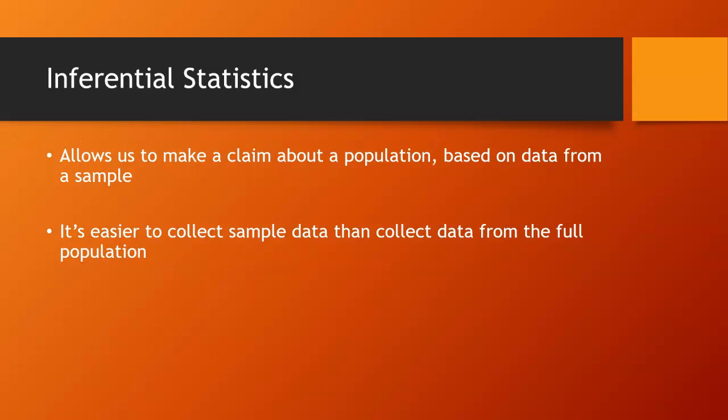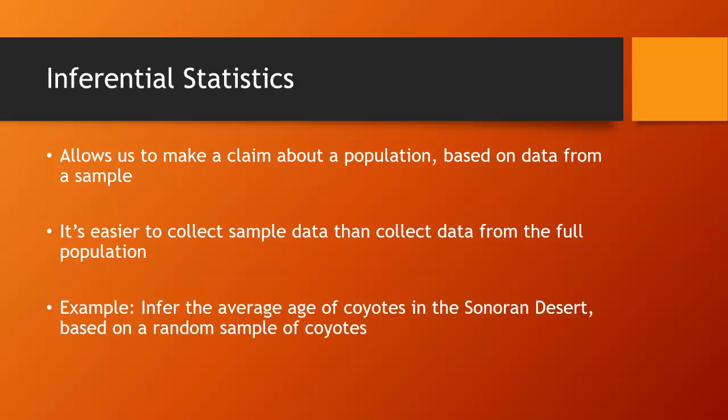Right? So it's easier for us to collect sample data and then use that sample data to infer a certain claim about the population. So an example, we could infer the age of all of the coyotes in the Sonoran Desert based on just a random sample of coyotes. Right?